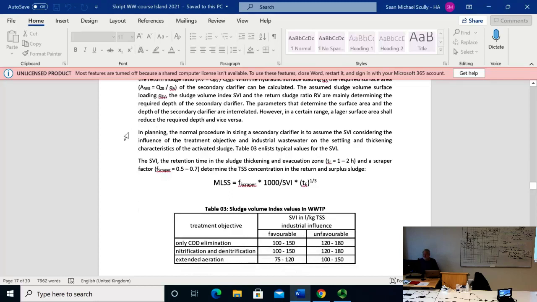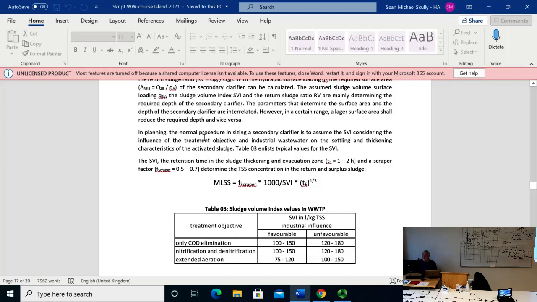You will learn and find out here: the parameters that determine the surface area and the depth of the secondary clarifier are also interrelated. In a certain range, a gain in surface area reduces the required depth and vice versa, no? This is what I'm going to show you.